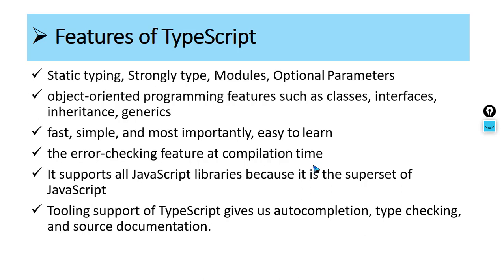It supports all JavaScript libraries because it is a superset of JavaScript. Whatever JavaScript APIs and libraries are available, you can use them when you write a TypeScript program, and take the benefit of these APIs.